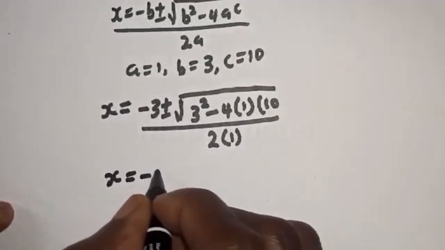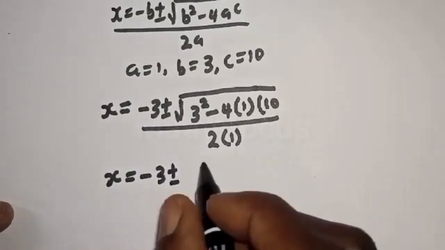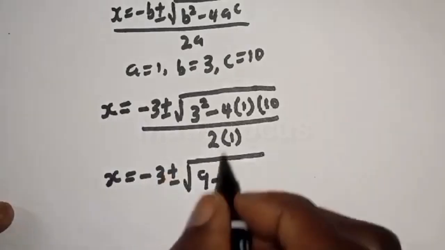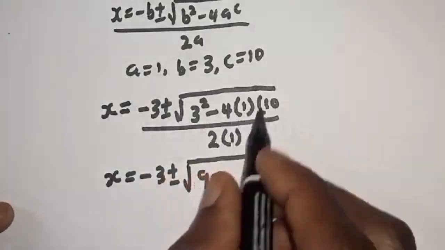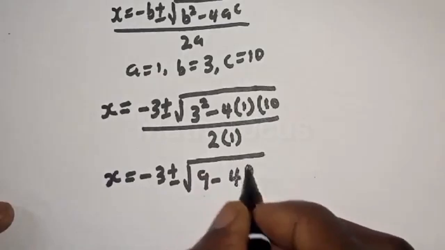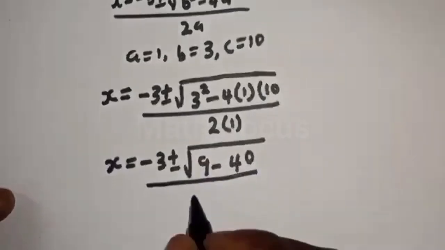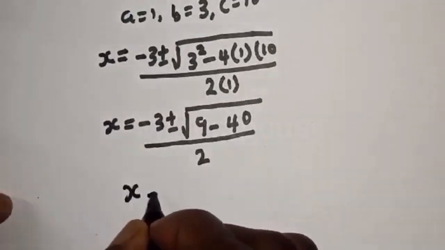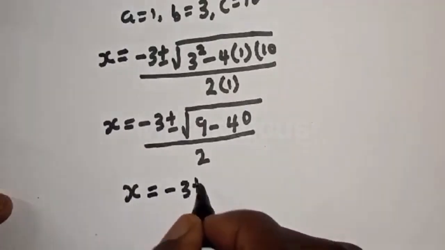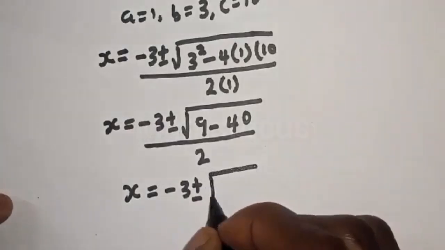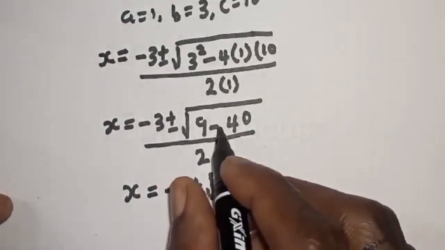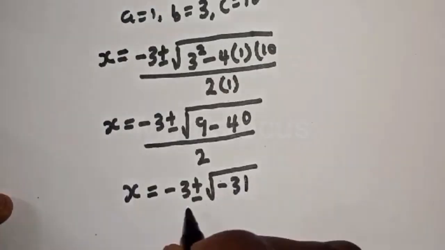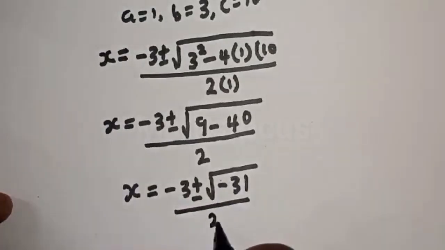S is equal to minus 3 plus or minus square root of 3 square is 9 minus 4 times 1 times 10, that is 40, over 2. S is equal to minus 3 plus or minus square root of 9 minus 40. This is minus 31 over 2.